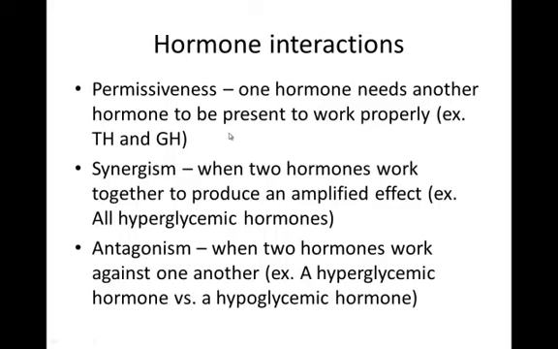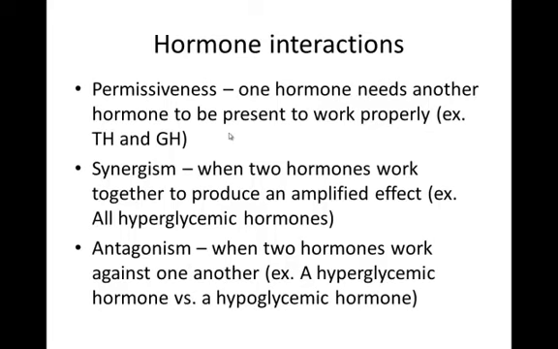When it comes to hormone interactions, that's how hormones are going to interact with one another. We have 3 different definitions for you to know: permissiveness, synergism, and antagonism. Permissive hormones are when one hormone needs another to be present to work, and this is actually very common.